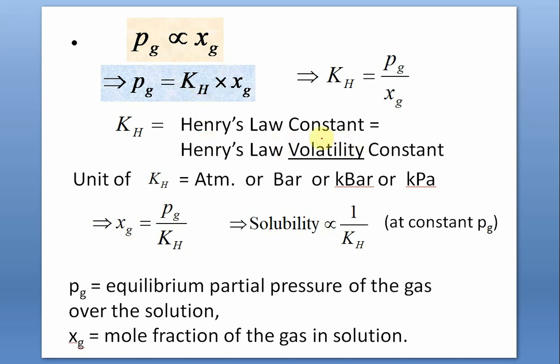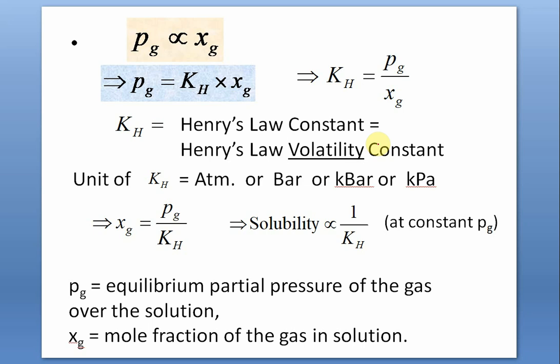And particularly to distinguish it from the other Henry's law constant, which confuses many students, I have given a term which you will not find in many books, Henry's law volatility constant, where the more the Kh value, the more the volatility, and the less the solubility.